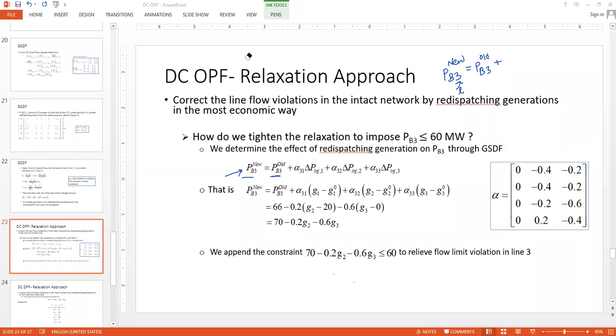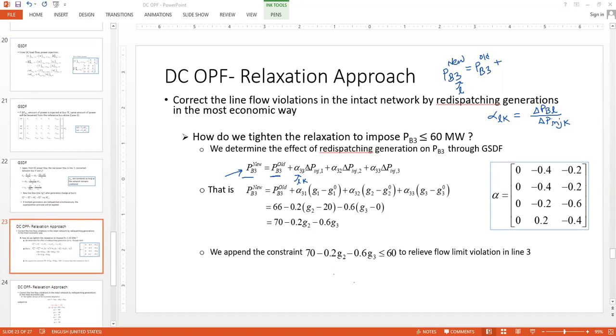This is the GSDF relating, remember, the first entry is L, the second entry is K. Alpha LK, by definition, is del PBL divided by del P injection K. This is the general definition.